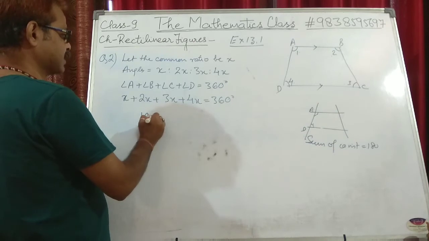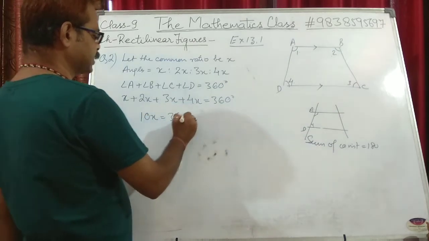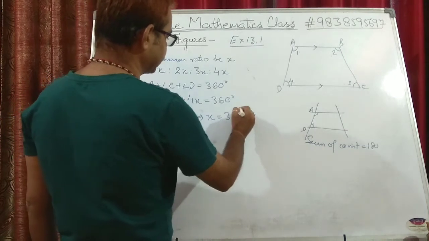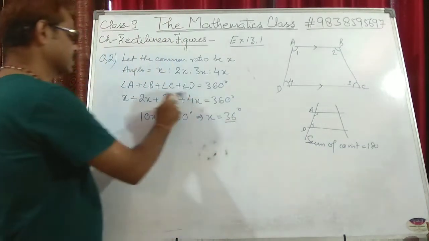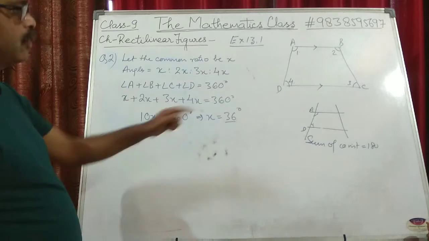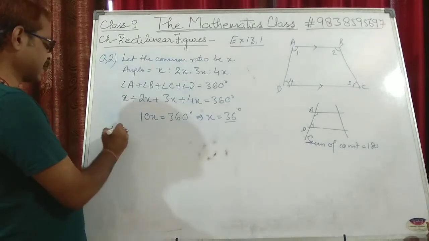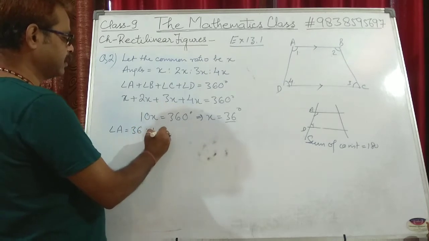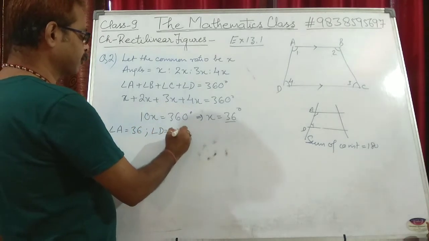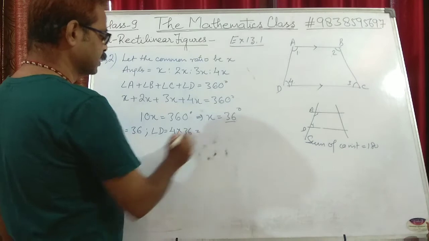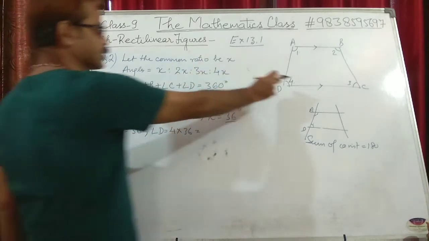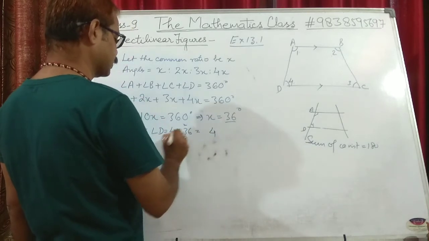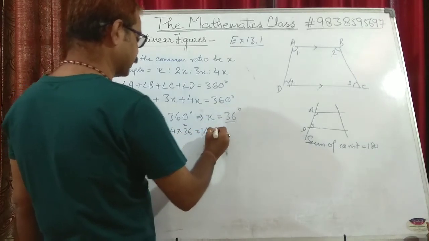It means that 10x is equal to 360 degrees, which implies that x is equal to 36 degrees. Now we got the value of x. It means angle A will be 36 degrees and angle D will be 4 into 36, because angle D was 4x, that is 144 degrees.